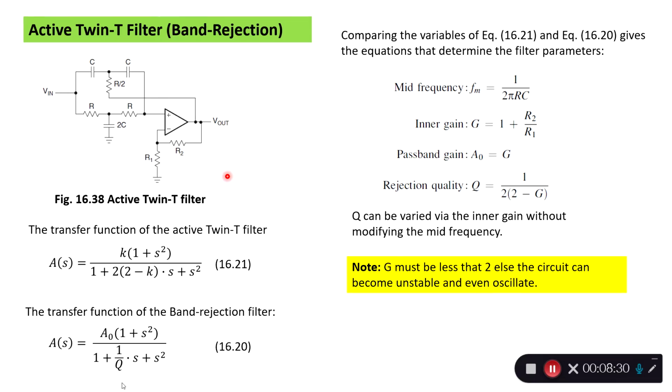So then it's locked up and doesn't work. So we have to watch out in our design that the inner gain is less than 2.